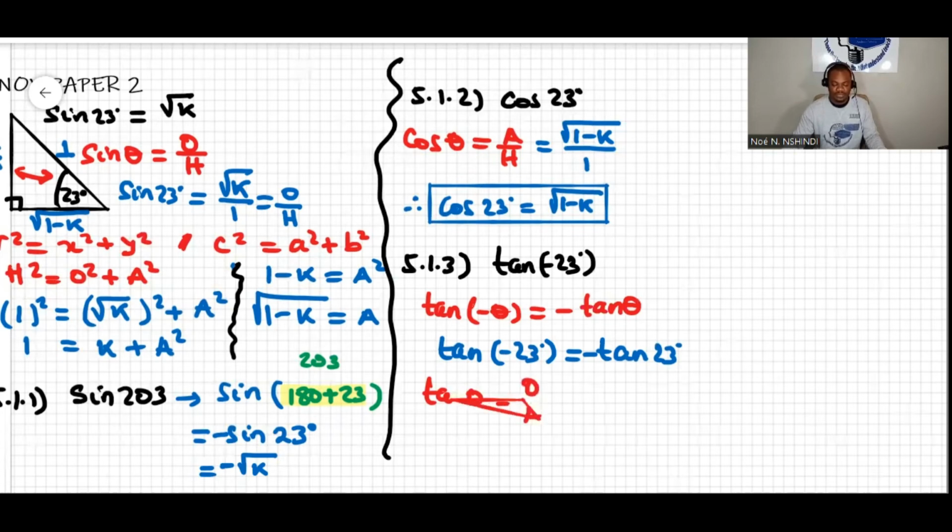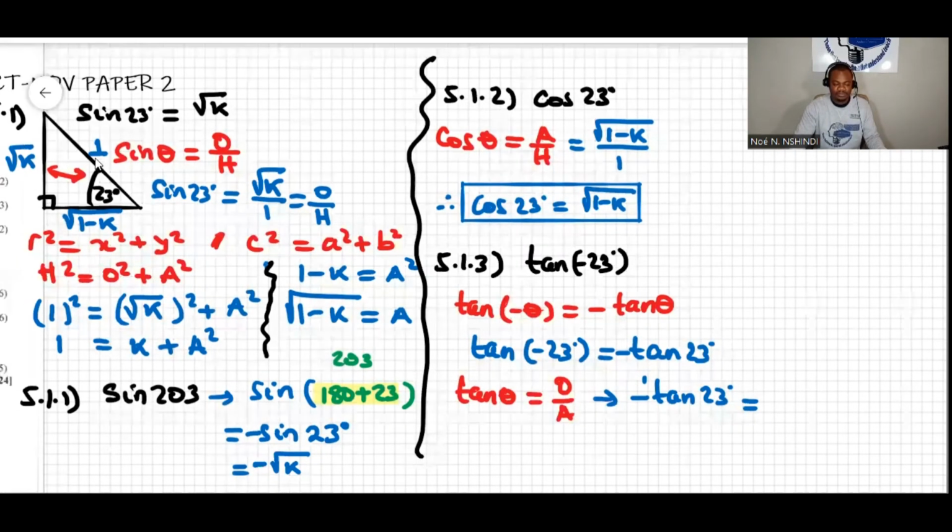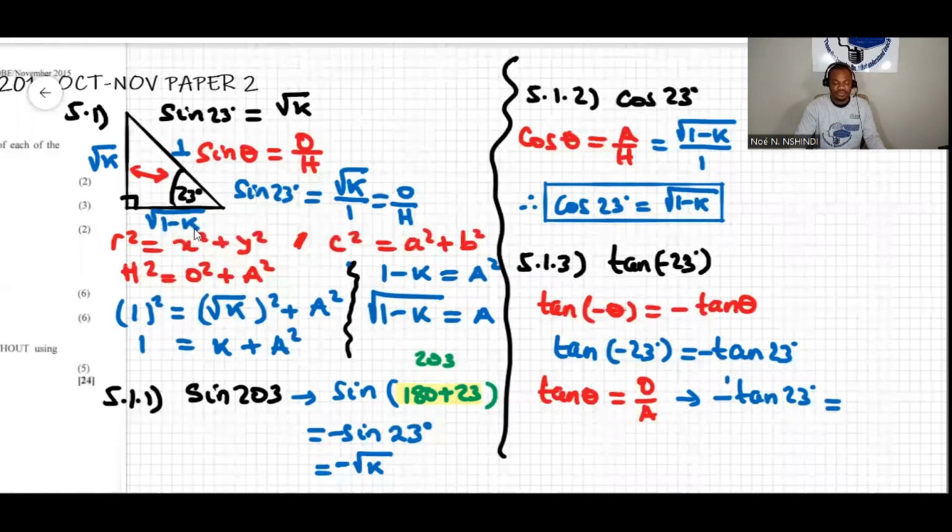Therefore, negative tan of 23 degrees will be equal to the opposite side, square root of k, over the adjacent side, square root of 1 minus k. So this is equal to negative square root of k over square root of 1 minus k.